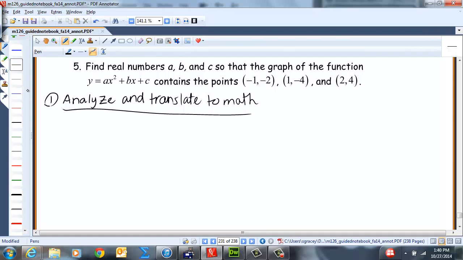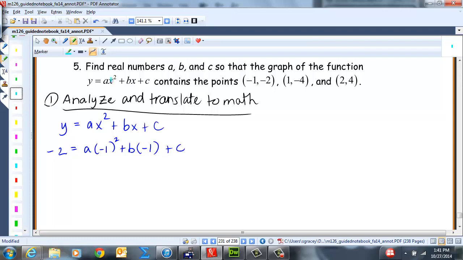So here we go. We'll just put the general equation up here. Our first equation, if we plug in the first ordered pair, -1, -2, we'll get -2 in for y and -1 in for x. This is where the x's are, 3 times I'm going to do this.